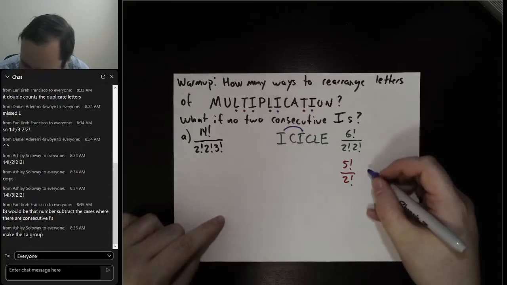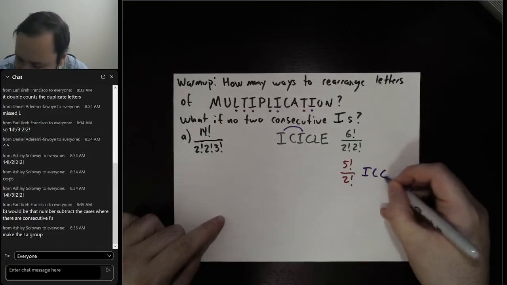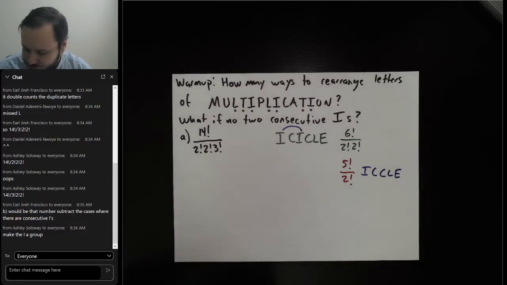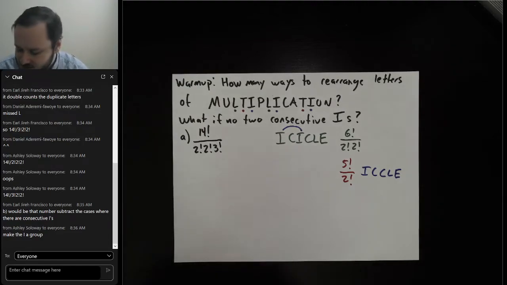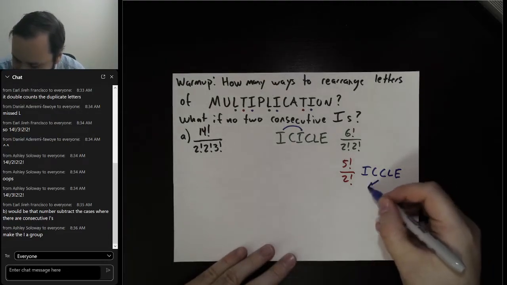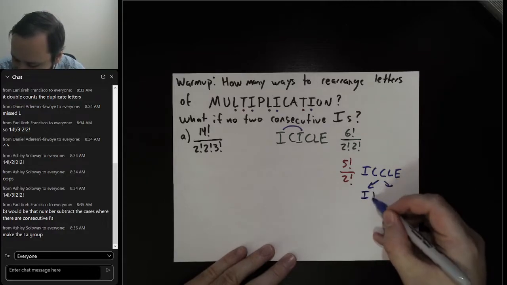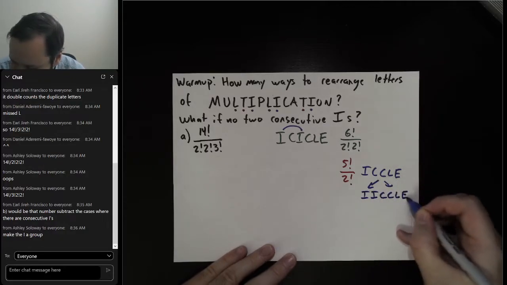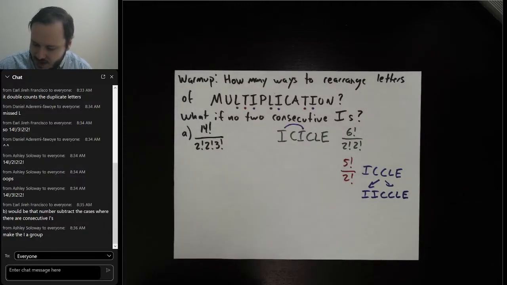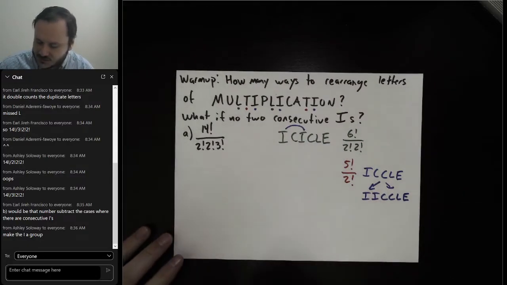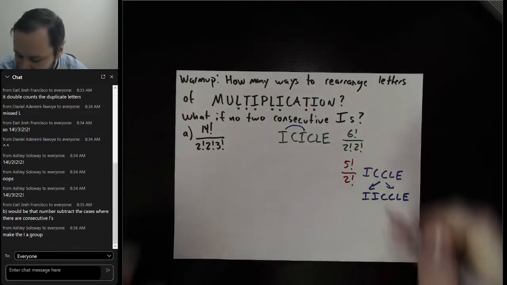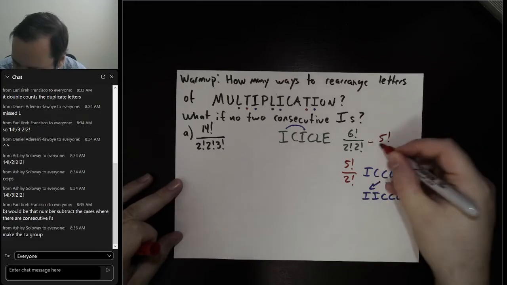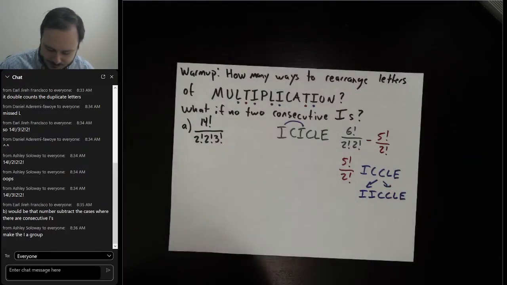This says my letters are only I, C, C, L, and E. And then I can unbox my I's and turn it back into an arrangement with 2 I's next to each other. And now if I want to have icicle without 2 I's next to each other, I can subtract off this number that I've calculated. Totally works.